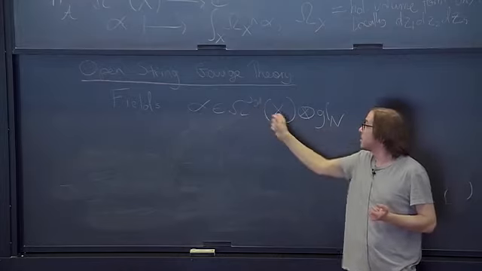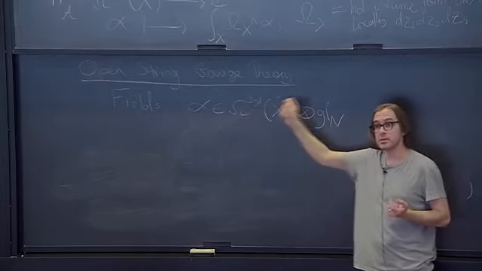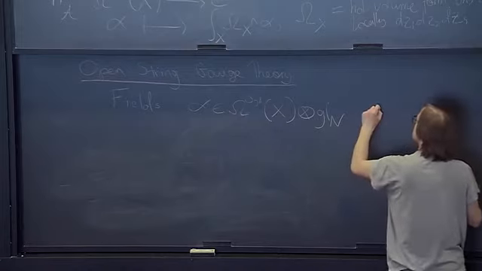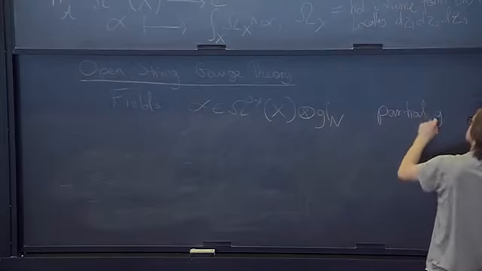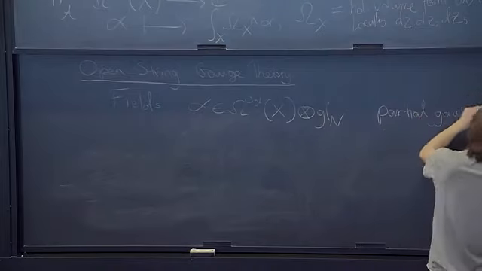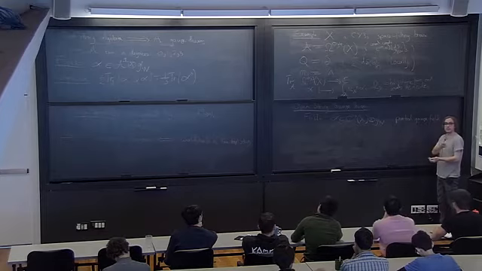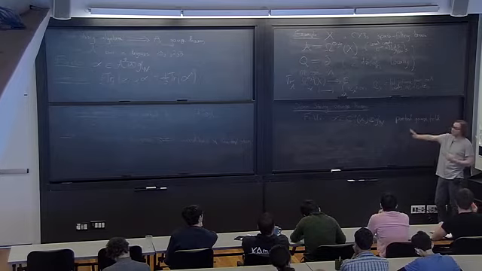But this is 6 real dimensions. This field only has 3 components. So it's like half of a gauge field, a partial gauge field. A gauge field allows us to do parallel transport and differentiation.